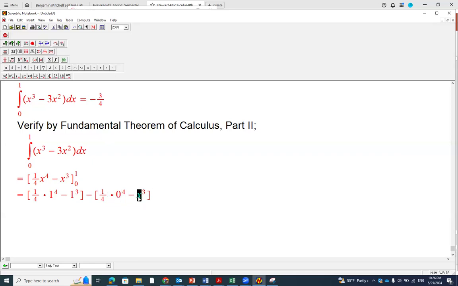So the latter part is all 0. And what do we get? I think we got, this is 1/4, subtract 1, and this whole thing is 0. So we get 1/4 subtract 1, that equals to -3/4. Yay, we got it right.